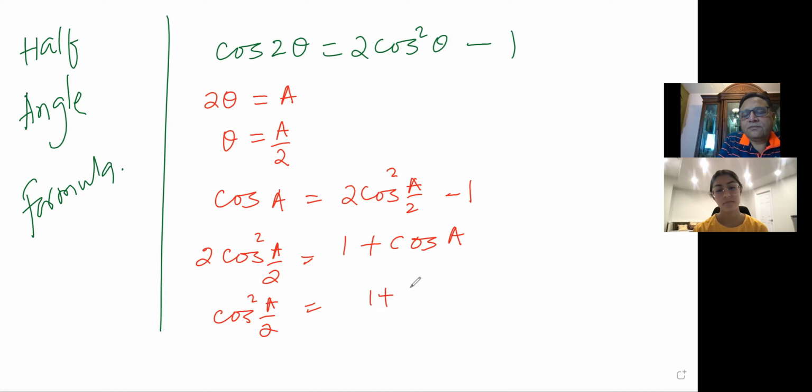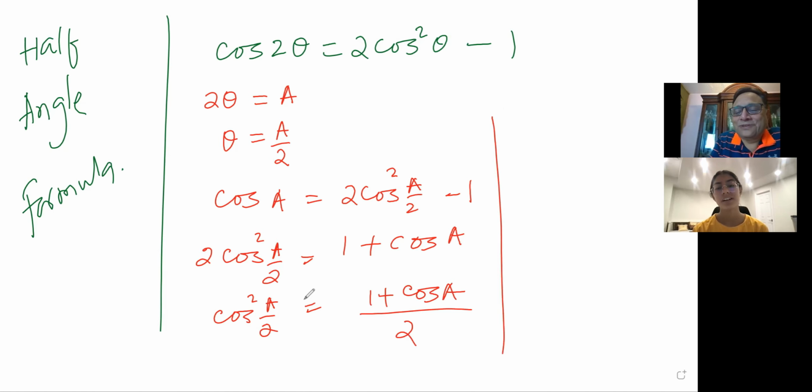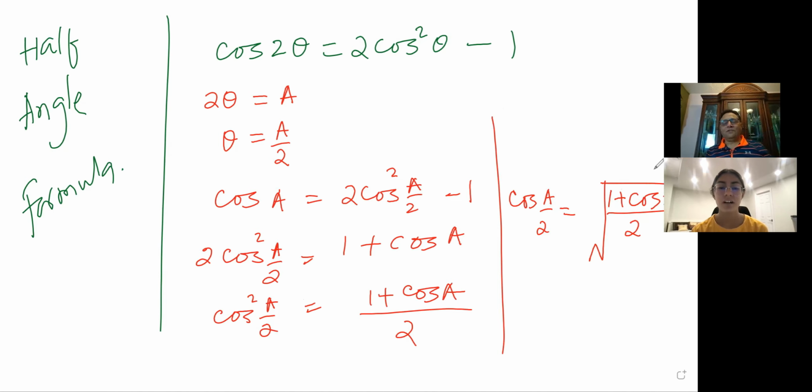So cos squared A by 2 is equal to 1 plus cos A over 2. Yeah, so cos A by 2 will be the square root of that.